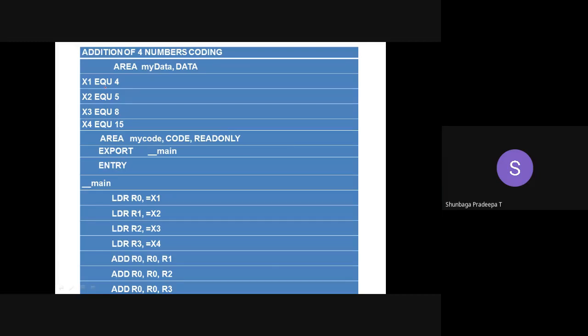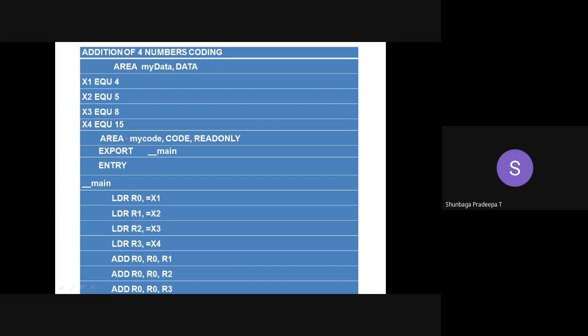Okay. So EQU means 4 is now loaded in the variable x1. 5 is loaded in x2. So x1, x2, x3, x4 will have some reference address. We will use that address and load the data.